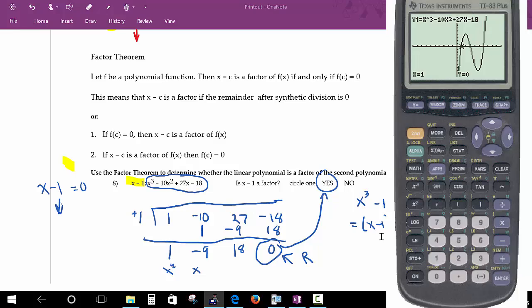Does that make any sense? Why can't it be a factor if there is a remainder? No. Well, what would happen if you had a remainder of 1, based on the previous theorem we had, okay, then that would mean that the function value would not have a y value of 0. When you have a y value of 0, which is the remainder, that means you're on the x-axis.